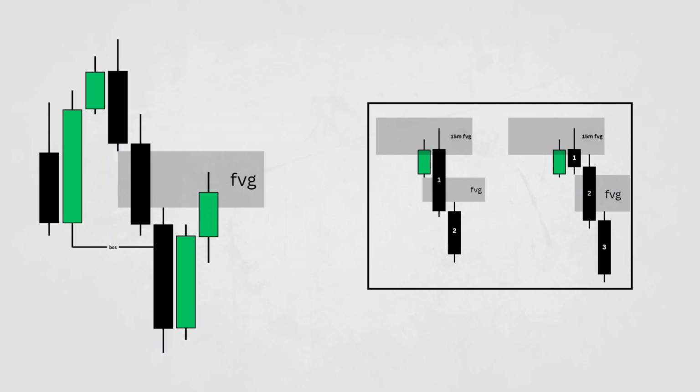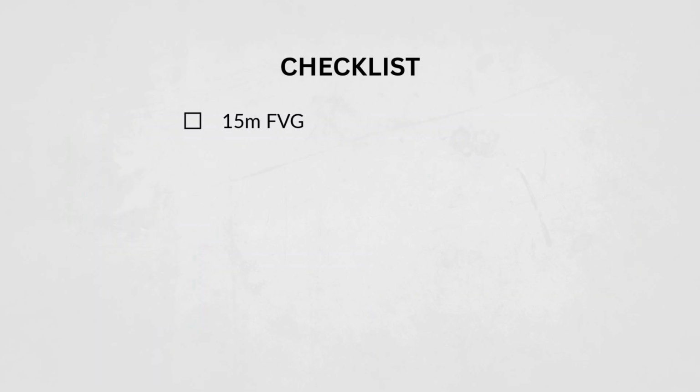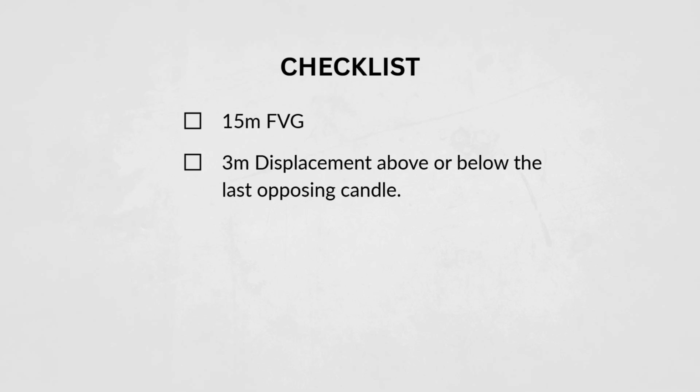Very simple. Now this is the checklist we are going to use. So first of all, we will go down to the 15 minutes time frame and get a 15 minute fair value gap. Then we wait for a 3 minutes displacement above or below the last opposing candle. What this means is that if you are bullish, you would wait for price to displace above the last bearish candle and leave behind a fair value gap.